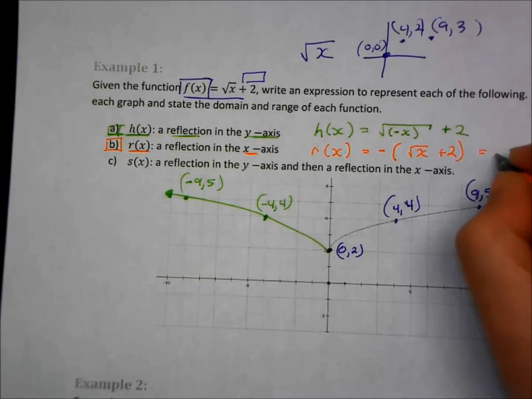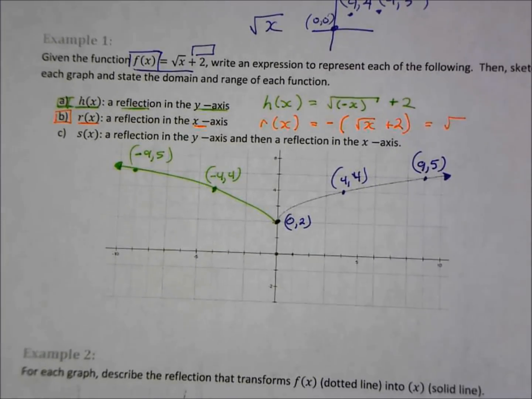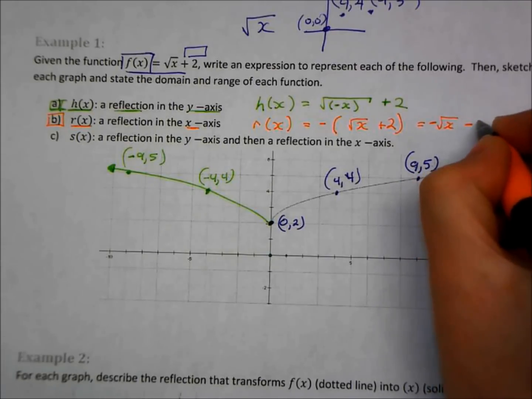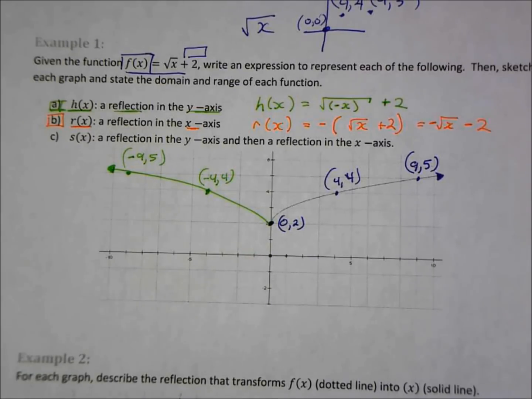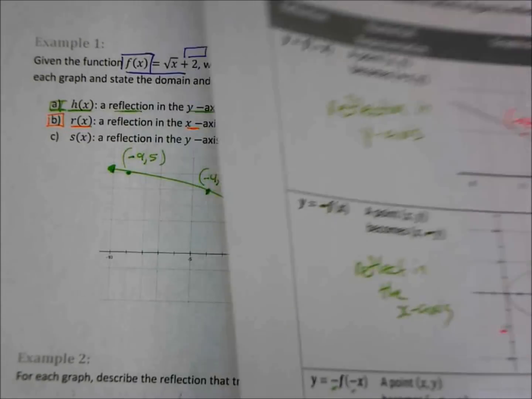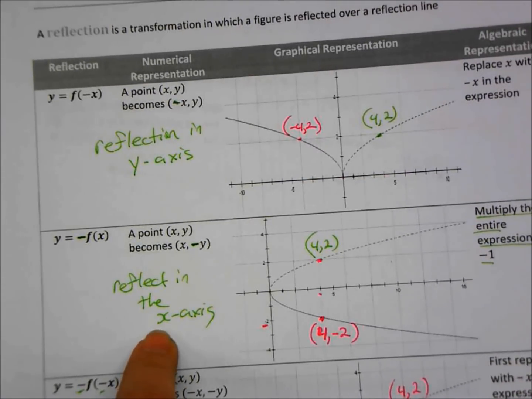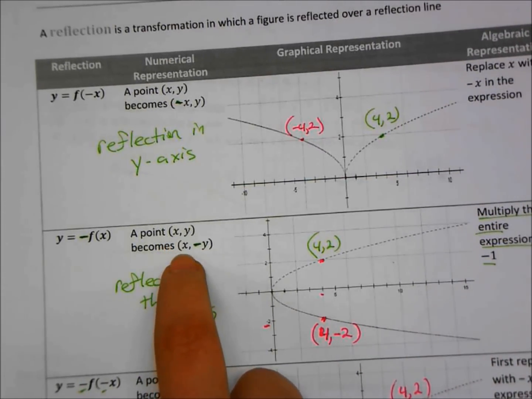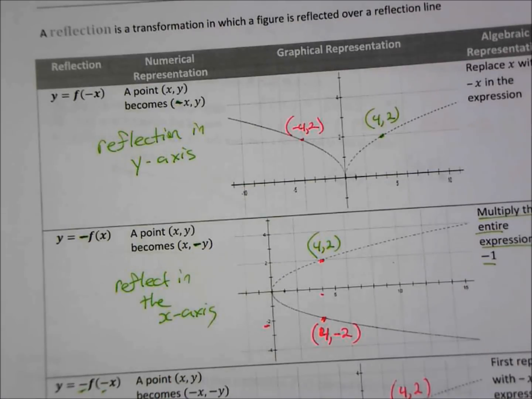So you could write that as square root x minus 2, either way. Alright, so that also means that for a reflection in the x-axis, you're going to take each of the points (x, y), and it's going to become (x, negative y).